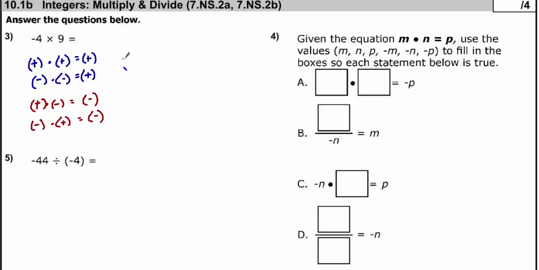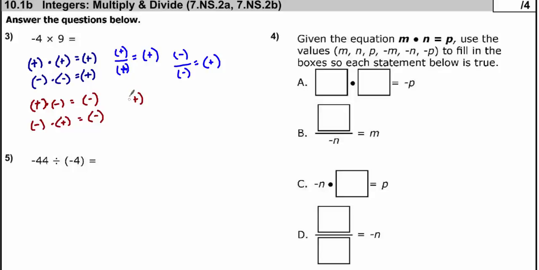So the same thing happens over here. If you have a positive dividing a positive, you get a positive. And if you have a negative divided by a negative, you get a positive. Anytime the signs are the same, positive.